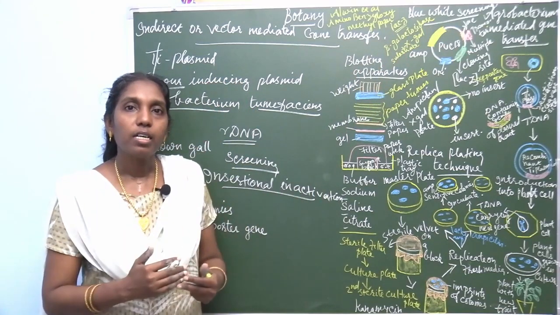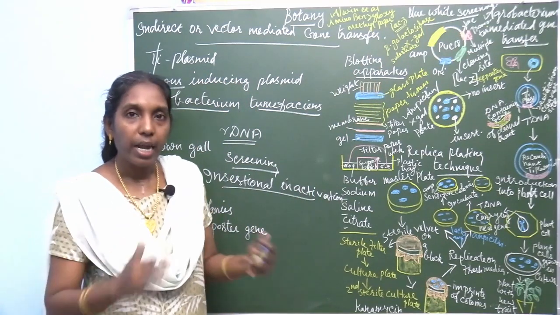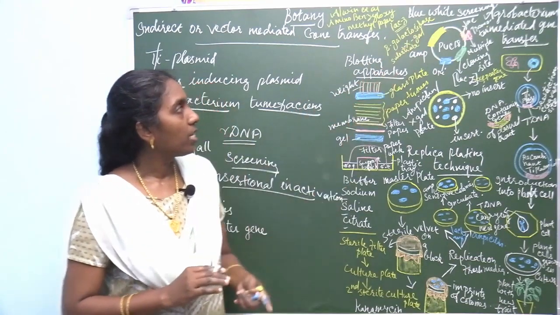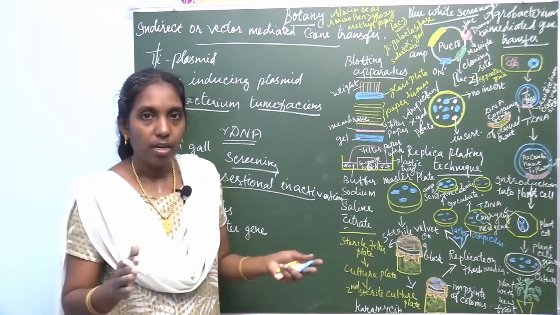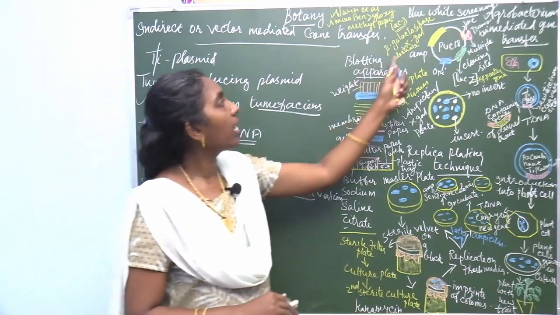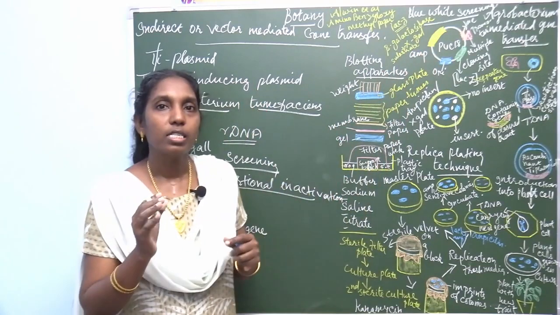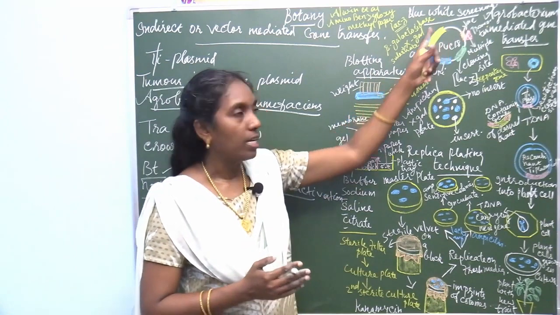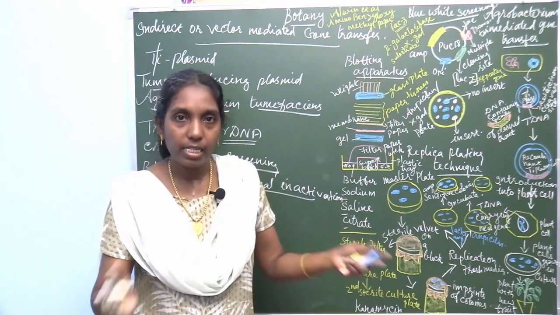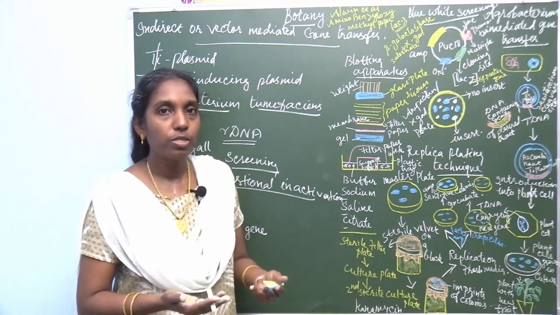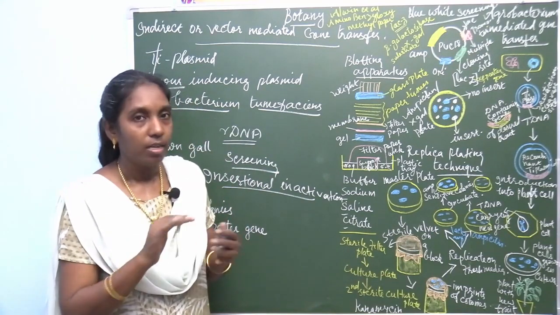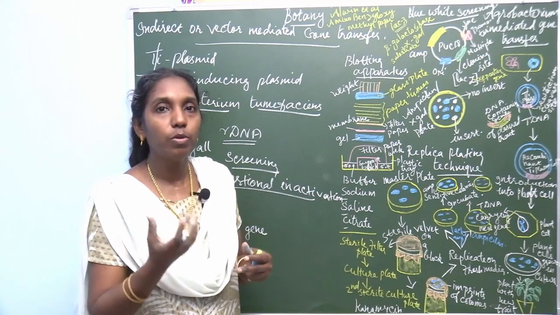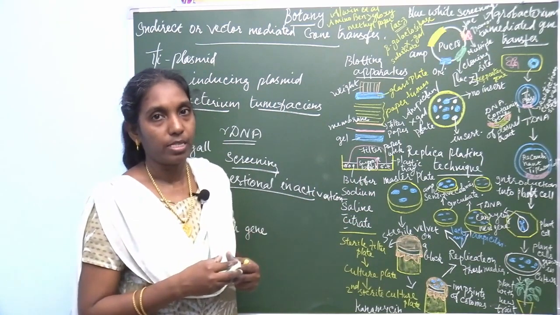The function of this enzyme is that it breaks down the substrate X-gal. X-gal is a substrate. When the enzyme beta-galactosidase breaks down the substrate, it produces an insoluble blue colored product.